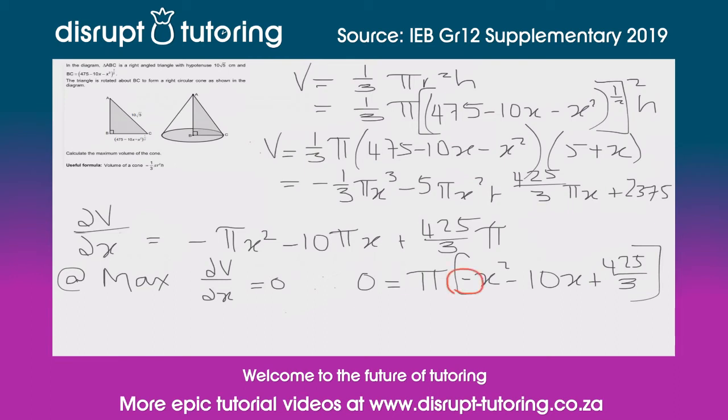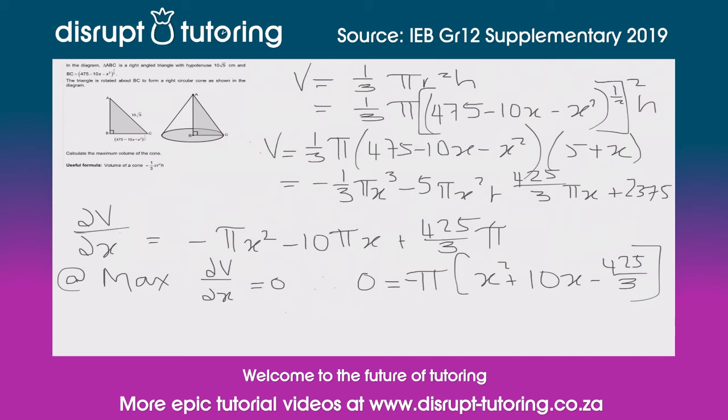I'm going to pull out this minus 1 as well. So I can just erase: that becomes a plus, this becomes a minus. Once I've pulled that out, at least I've got a positive coefficient there, but I must remember to have the negative pi on the outside of the bracket.